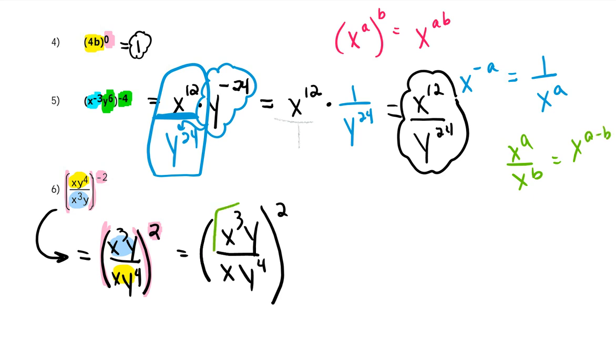And I have x to the 3rd over an x to the 1st. So that's going to be x to the 3 minus 1 is 2.